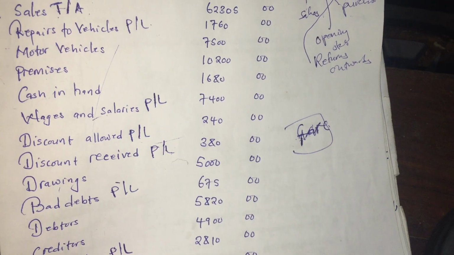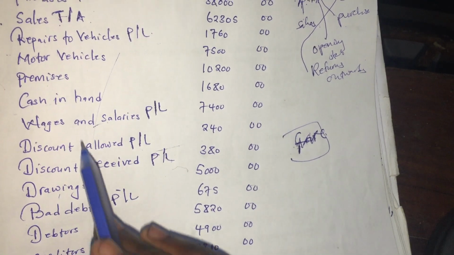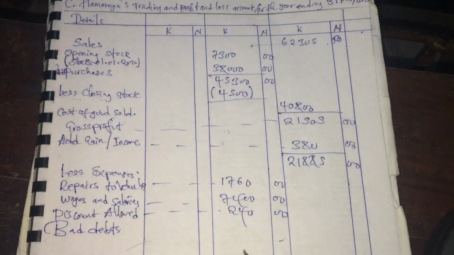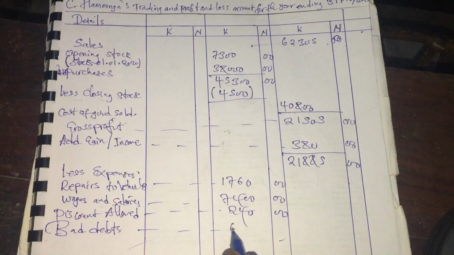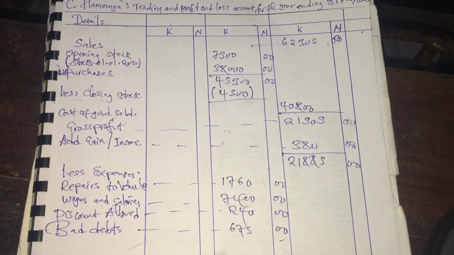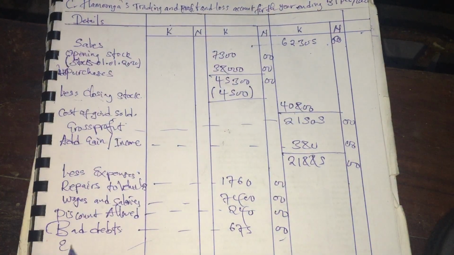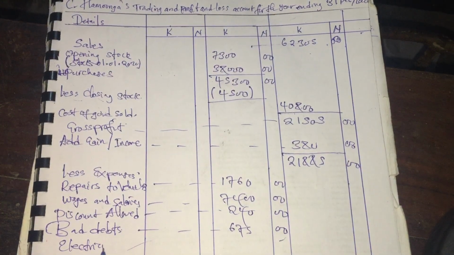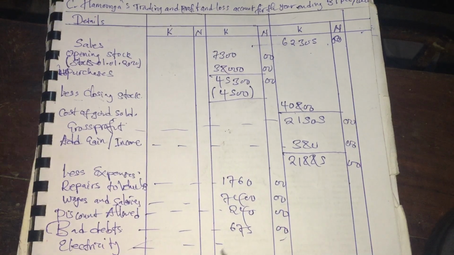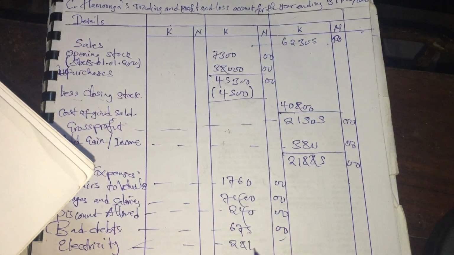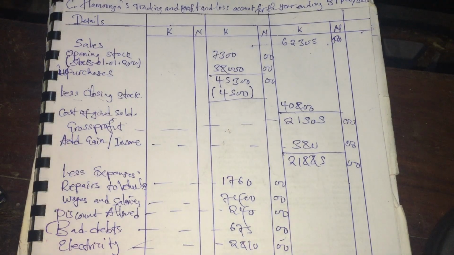How much for bad debts? We do have 675. And lastly, we do have electricity, 2810 kwacha.